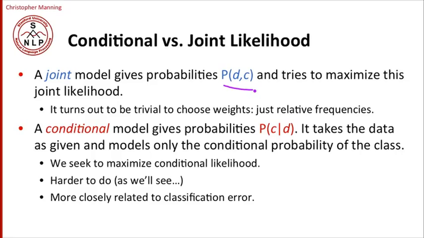So that's very practical for estimation. In contrast, in the conditional model we want to work out these probabilities of C given D. And so in a conditional model, what we'll do is attempt to directly maximize the conditional likelihood, the probability of the classes observed given the data. As we'll see, this turns out to be much harder to do, but is perhaps more useful because it's more directly related to classification success or error.